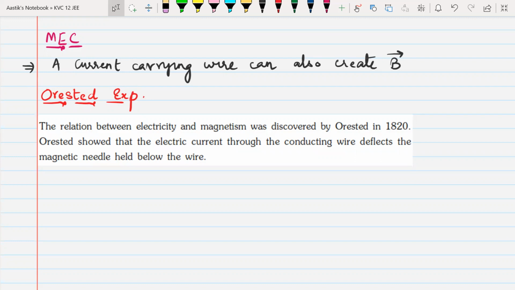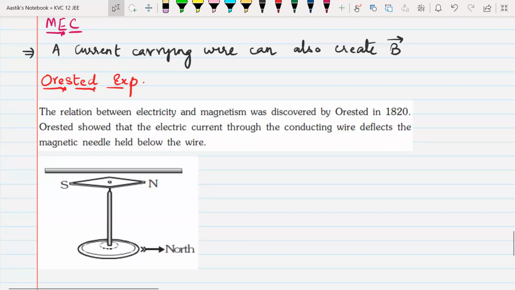And that is what Ørsted found out. He had a current carrying wire. Do you see a current carrying wire here? Yes, sir. This is a current carrying wire I. When he brought a magnetic compass or a magnetic needle, the magnetic needle deflects.